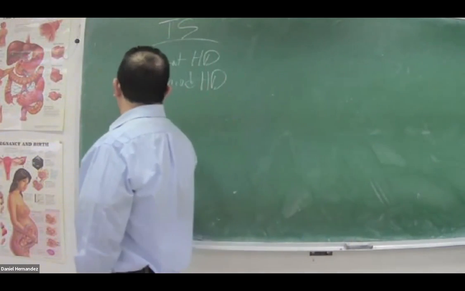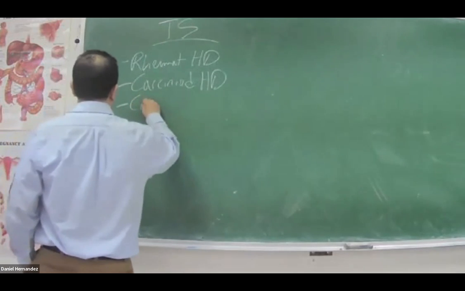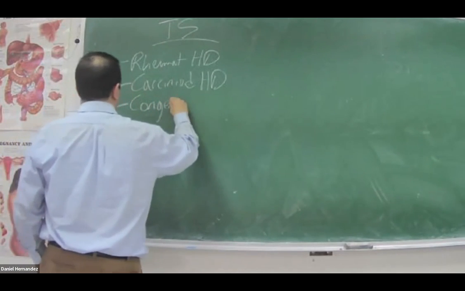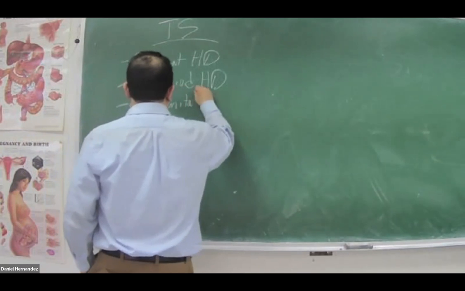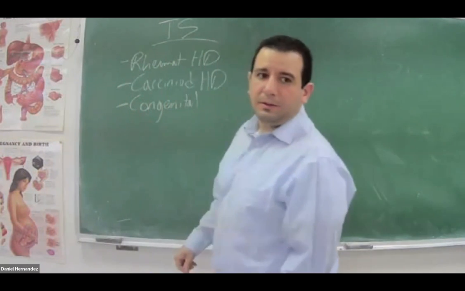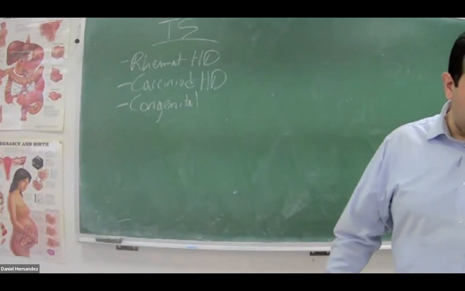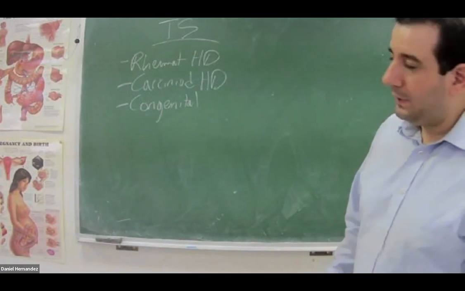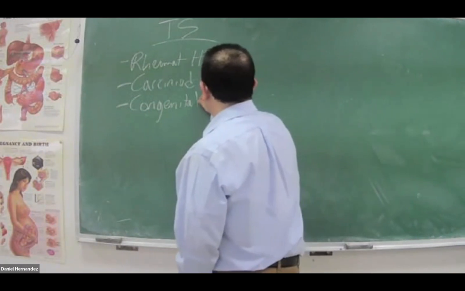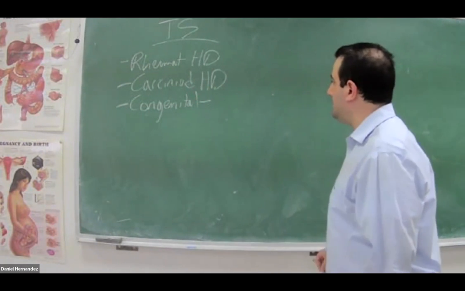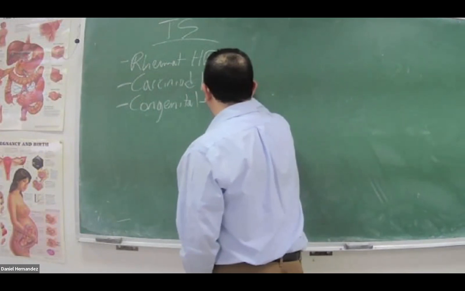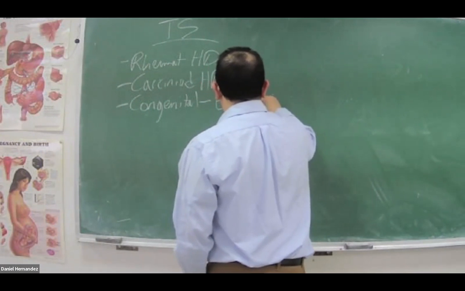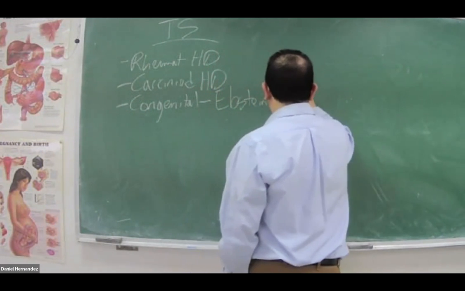We can also have congenital. So it could be due to some sort of congenital abnormality. So an example of congenital abnormality that could cause tricuspid stenosis would be Epstein's anomaly.